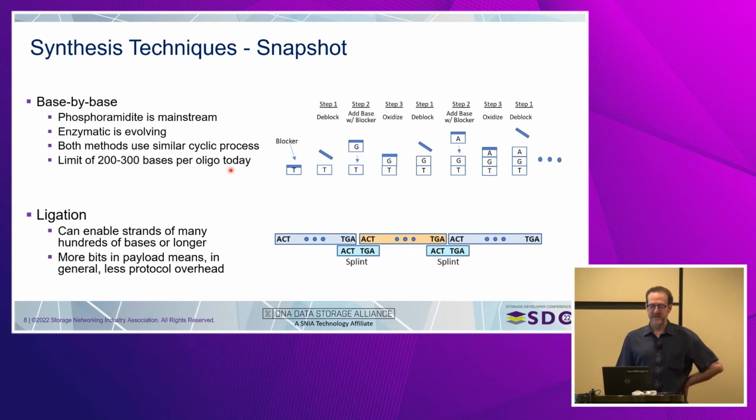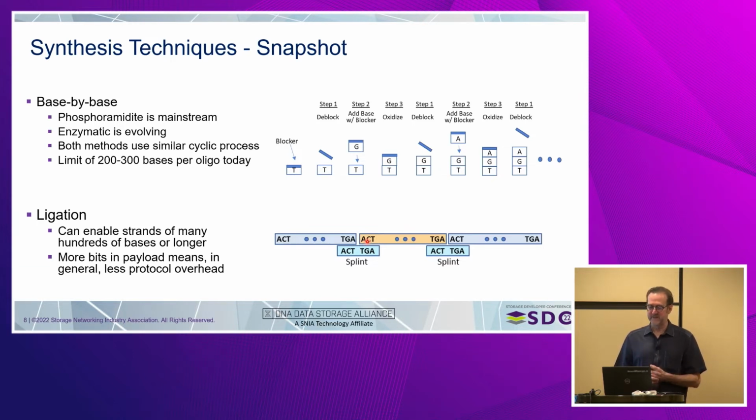Now, if people want to put together longer strands of synthetic DNA, they can use ligation techniques. Again, I talked about how there's an affinity between the bases, right? So if we have some short oligos, like the yellow and blue here, we can construct what we call a DNA splint, and you can use the affinity of the complementary characteristics to glue longer strands together and thereby get strands of synthetic DNA that are many hundreds of bases long, or maybe more.